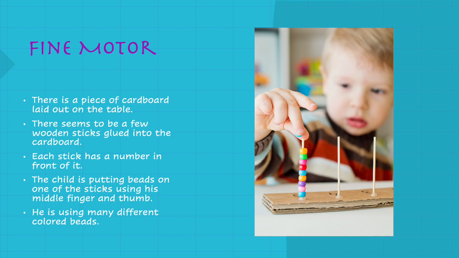Each stick has a number in front of it, either 1, 2, 3, 4, or 5. The child is putting beads on the sticks using his middle finger and thumb to grasp the material, and he is using many different colors of beads.